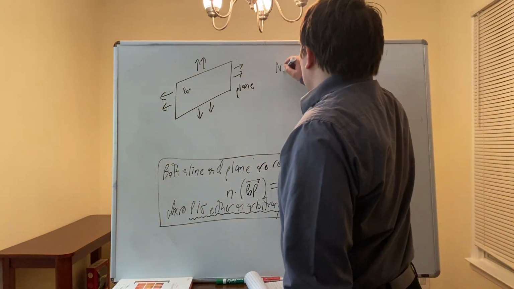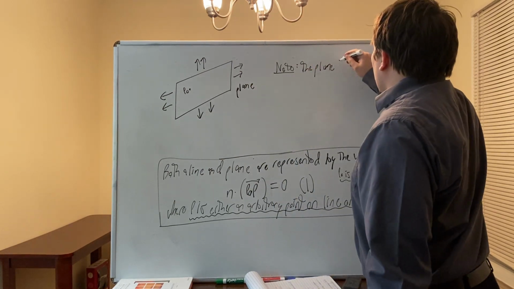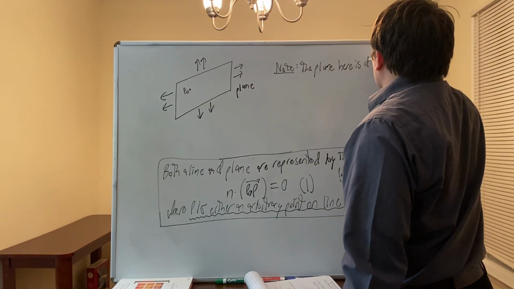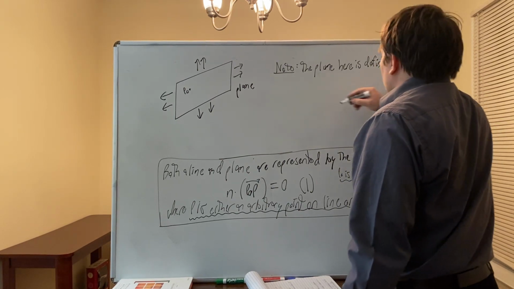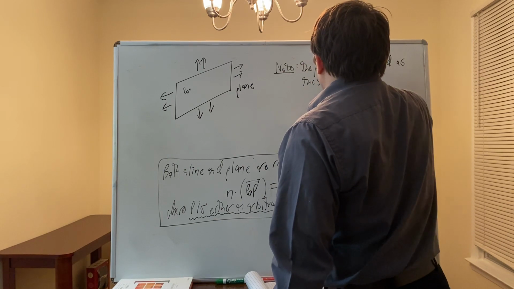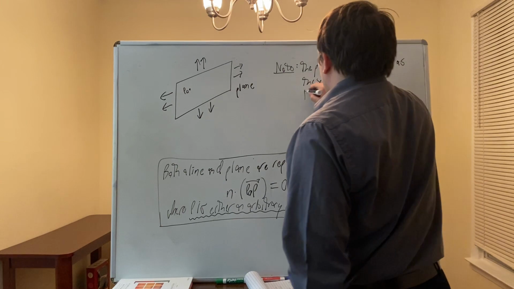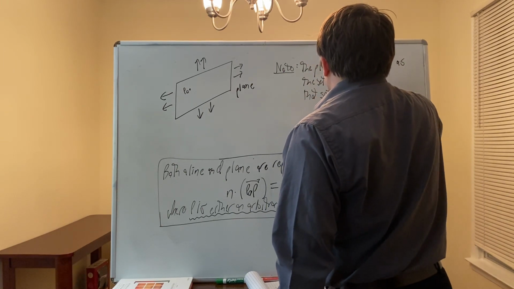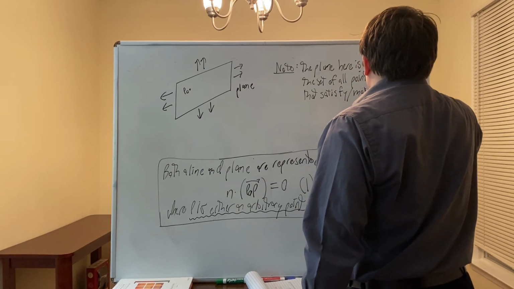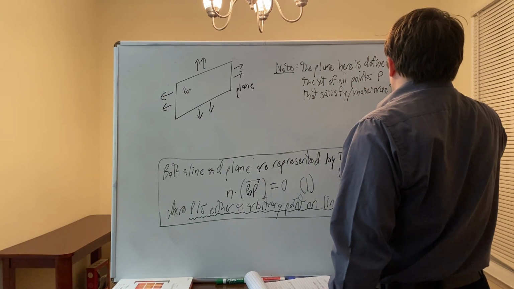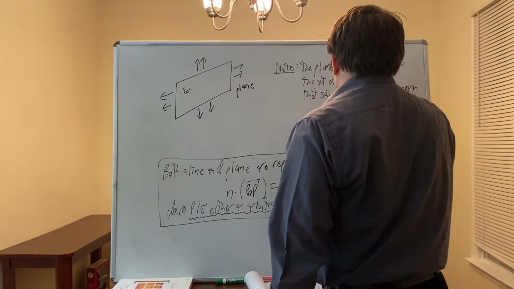Okay, so note the plane here is defined as the set of all points P that satisfy, and by that I mean make true, the equation n dotted with P naught P is equal to 0.